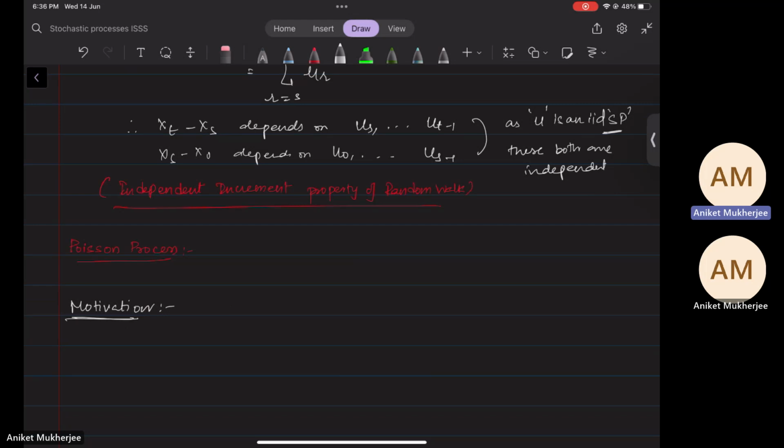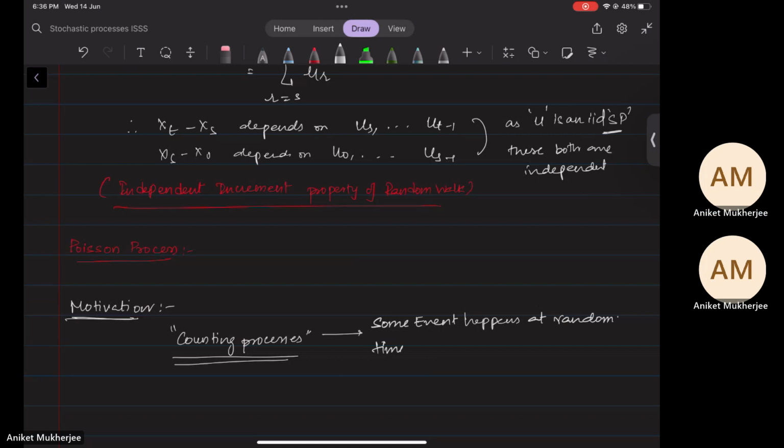What that means is some event happens at random times, and we want to know the frequency at which these random events happen.